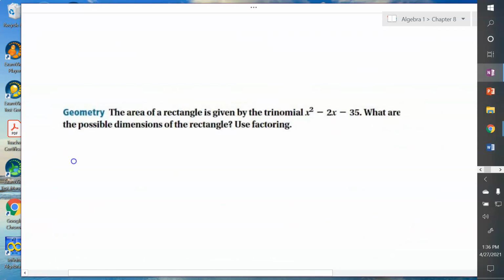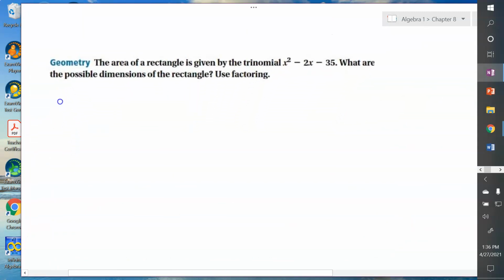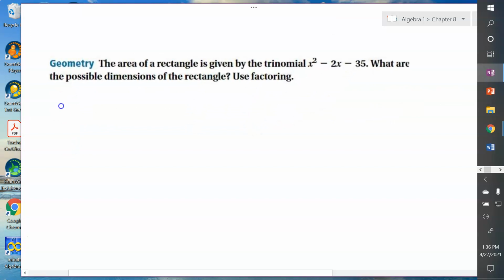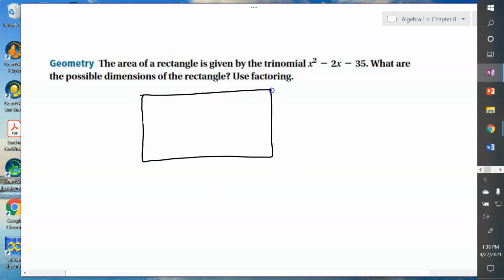Okay, so now we're going to do some geometry. We have the area of a rectangle is given by the trinomial x squared minus 2x minus 35. So here's a rectangle. And I know my area, so let's call this one the length and this one the width.